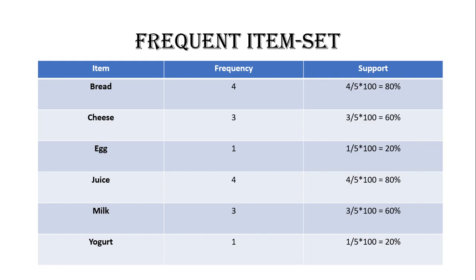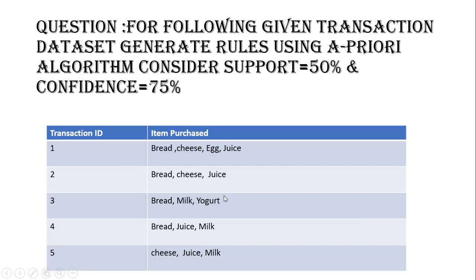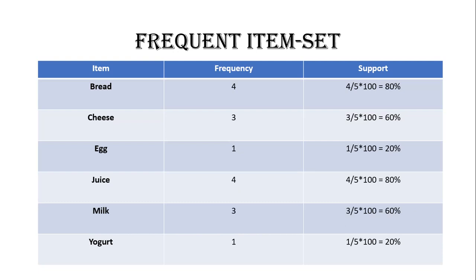According to the question, we have to find the frequency, that is, how many times each product occurs in the table. Here, how many times does bread occur? 1, 2, 3 and 4. Based on this calculation we write it down in the second table. So bread occurs 4 times, and we have to find the support.